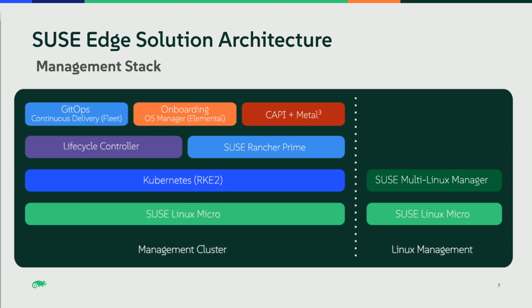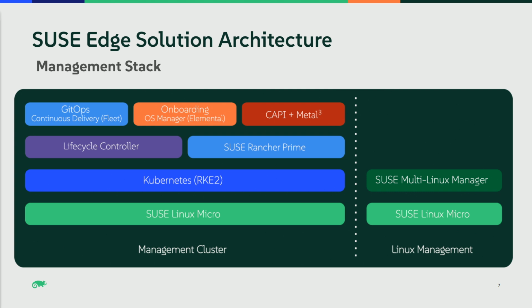And what we've added in the Edge suite is what we call the lifecycle controller. This is another abstraction that makes it super easy to update the whole stack. The lifecycle controller would just take the version of the SUSE Edge stack you want to have, and make sure the OS is updated, Rancher is updated, and all the containers, in just one simple step.